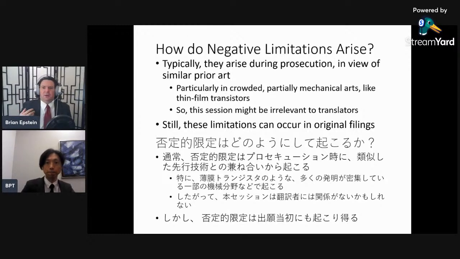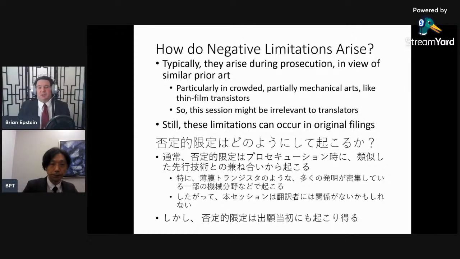And in contrast, it's difficult to illustrate a negative limitation in the algorithm of a software application, right? In a software application, you might have several steps in a flow chart. It's more difficult to say that things do not occur in that flow. And we'll go through this again in future slides where we show how these find support, typically in mechanical cases.